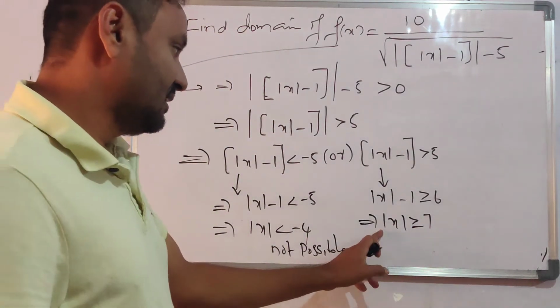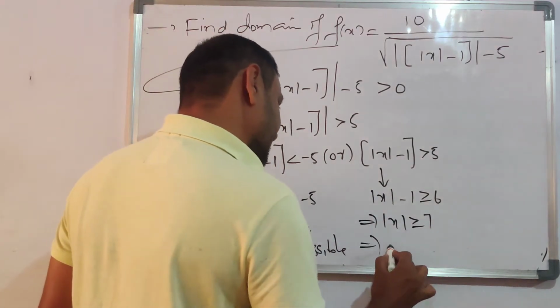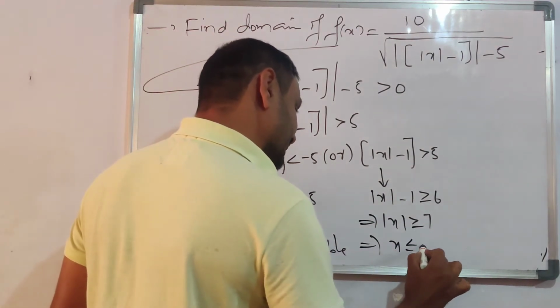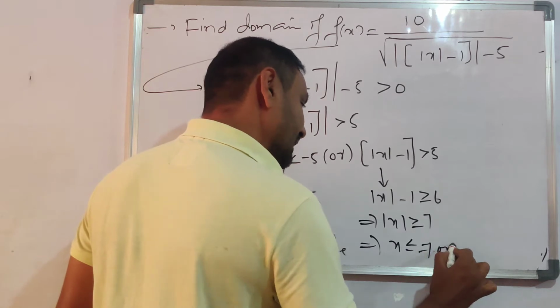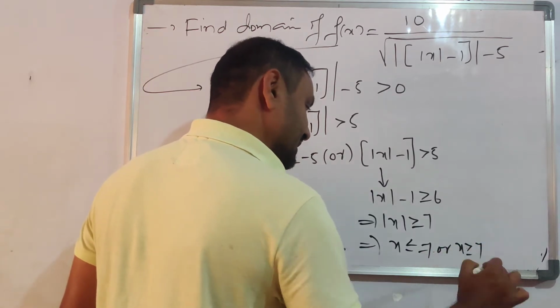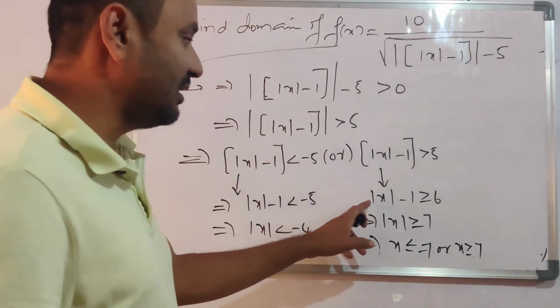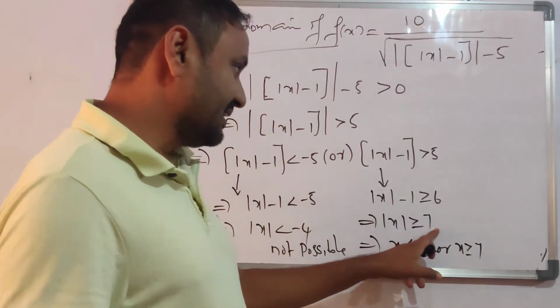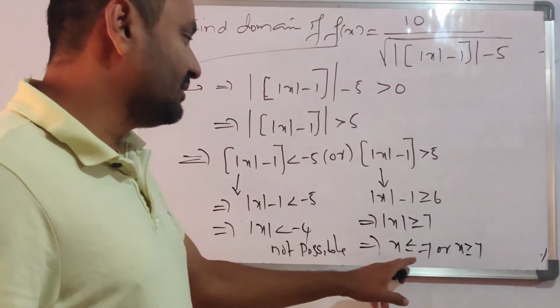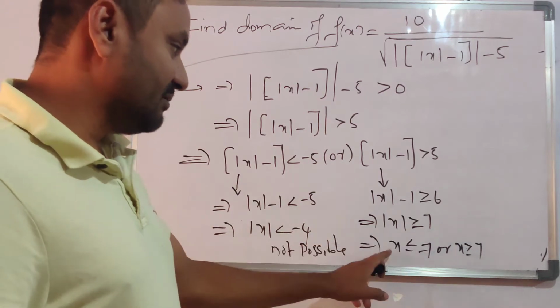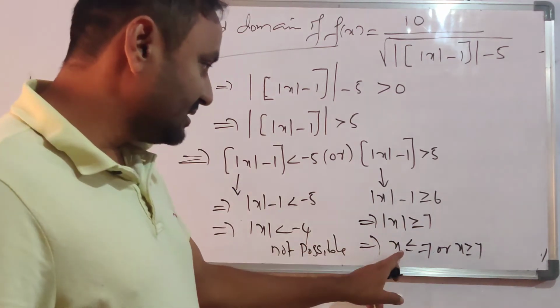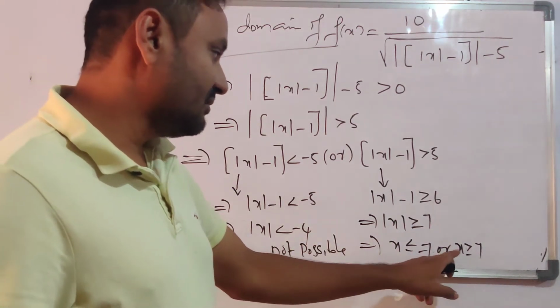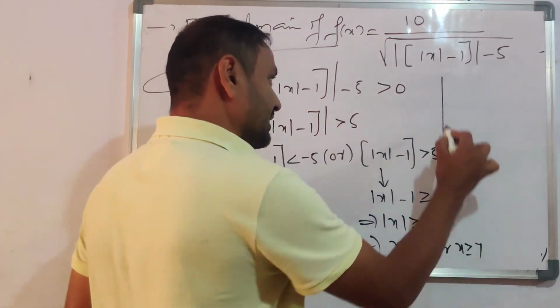So we know here, x less than or equal to minus 7 or x greater than or equal to 7, because when we eliminate modulus, we get plus or minus 7. Greater than or equal condition means x less than or equal to minus 7 or x greater than or equal to 7. That is the domain of this.